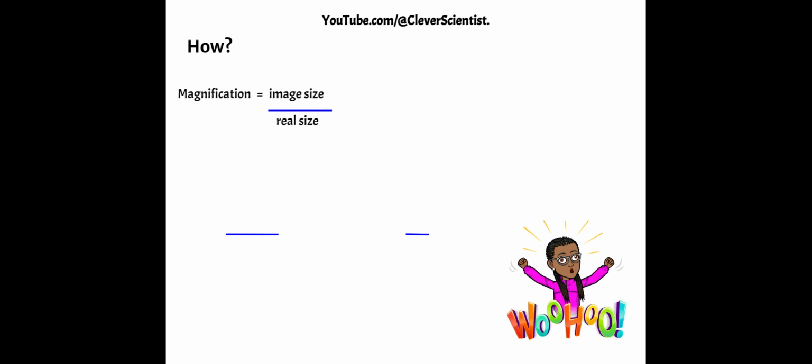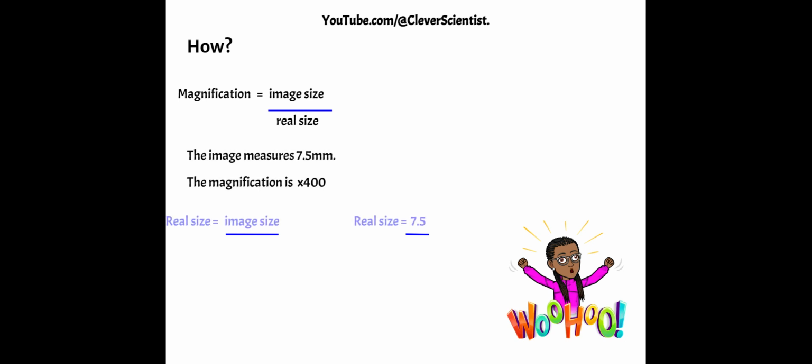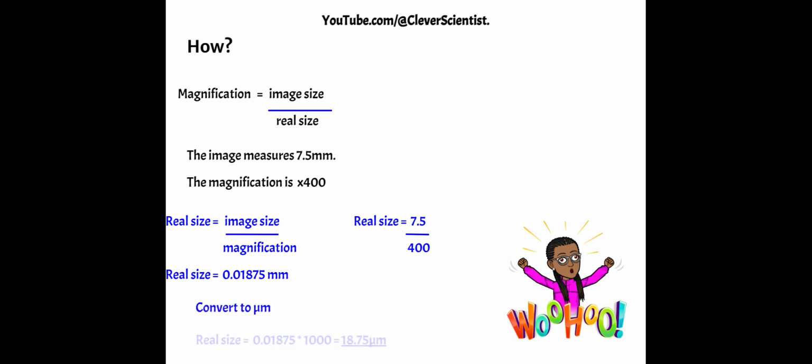So we've got our little formula, and this time we're going to rearrange it. We know the image measures 7.5 millimetres, and we know the magnification is times 400. So we're just going to substitute those numbers into the rearranged equation. So we're going to use real size equals image size divided by magnification.